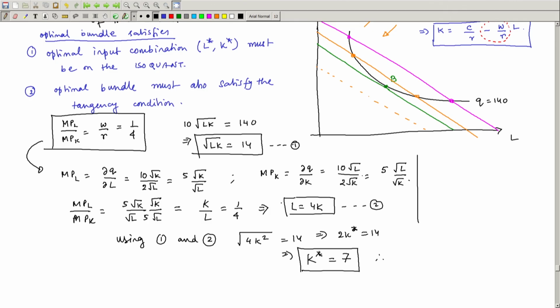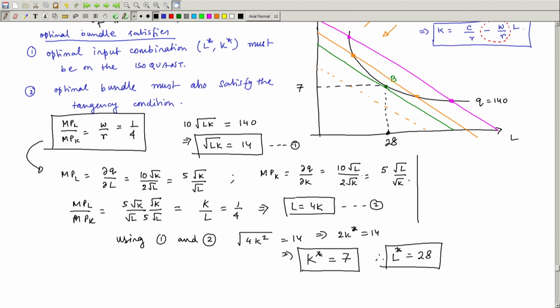Therefore, since L star is equal to 4K star, the optimal amount of labor is going to be 28 units or 28 labor hours. So my optimal bundle is going to correspond to 28 labor hours and 7 machines.